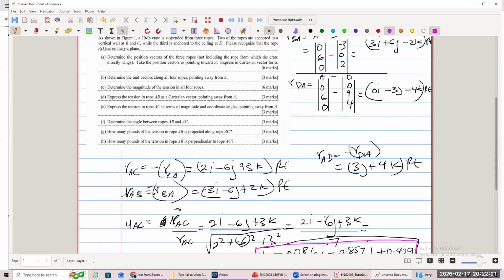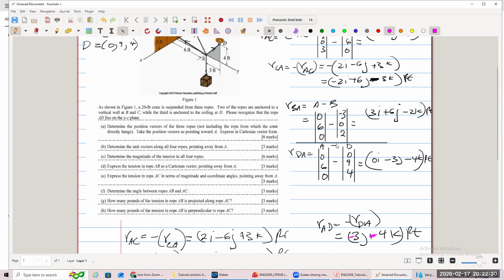Hold on. These are supposed to be no minus. DA was negative though. Hold on, the J and the K. That means something was wrong. What were we finding before?